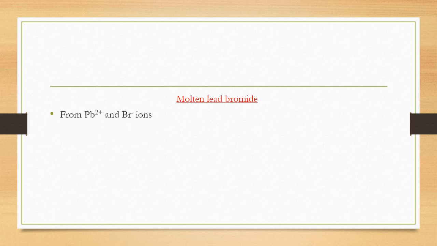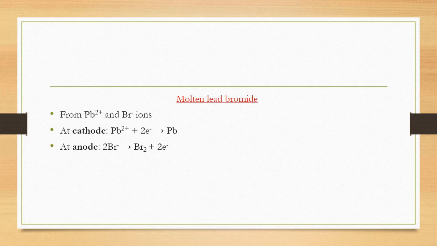So what's happening with lead bromide is that you're making lead 2 plus and bromide ions by melting it. At the cathode, the lead 2 plus is gaining electrons to become lead. So it's being reduced. And at the anode, the bromide is losing electrons to become bromine.